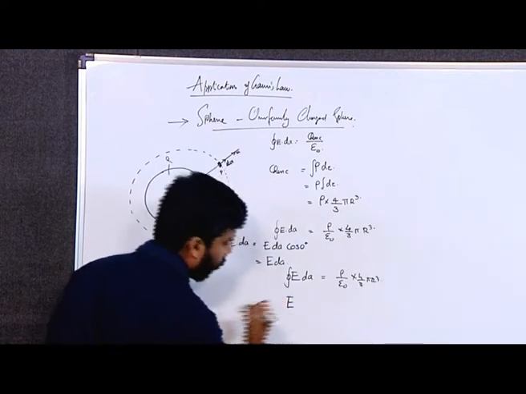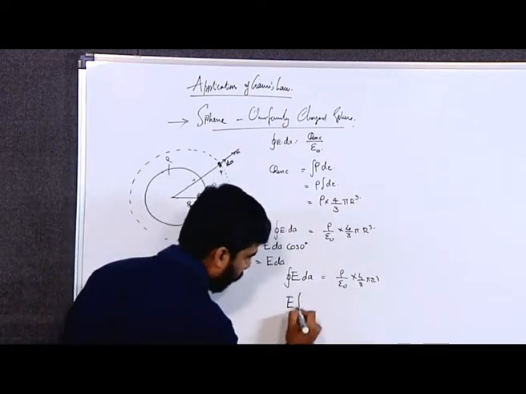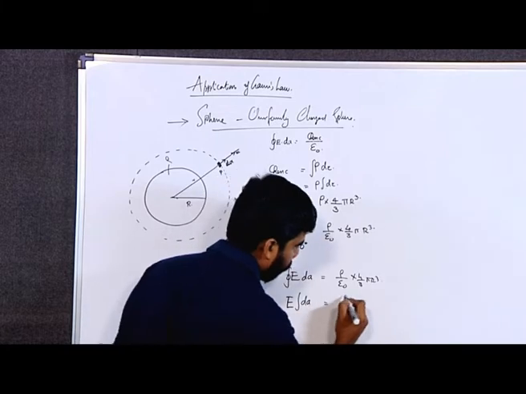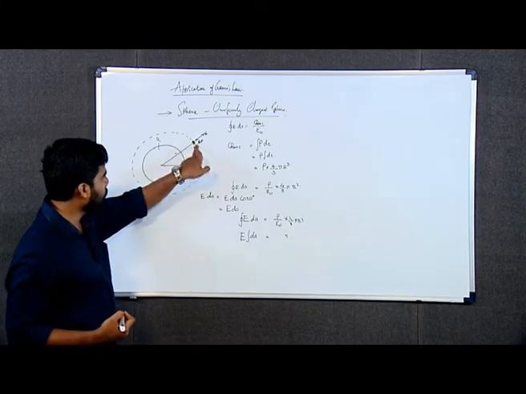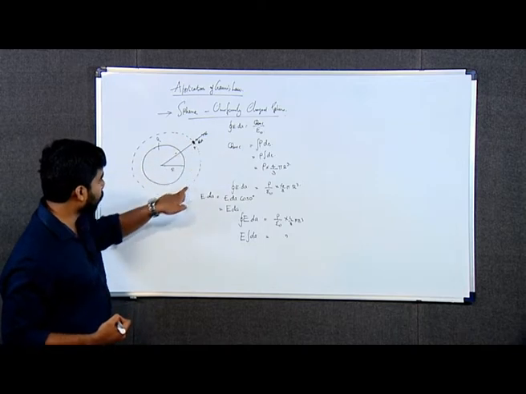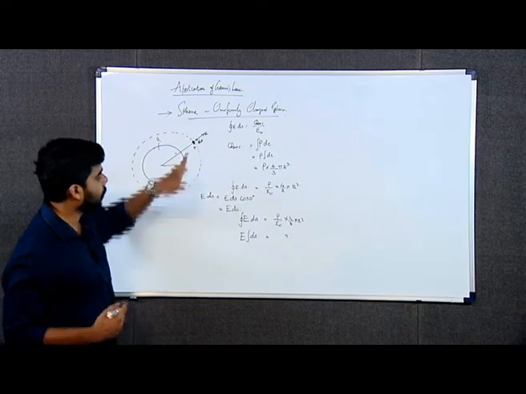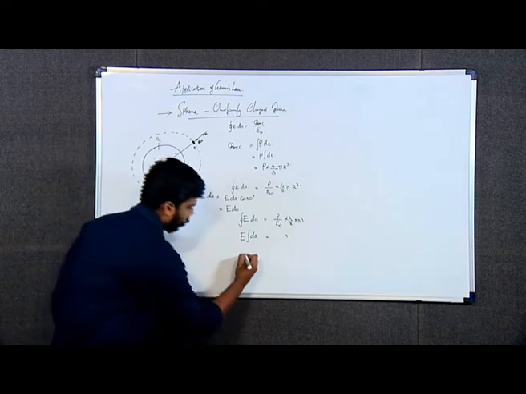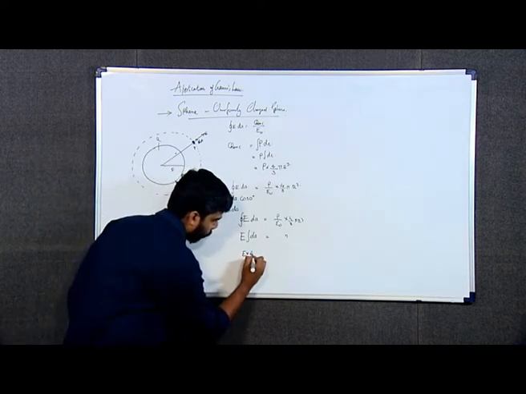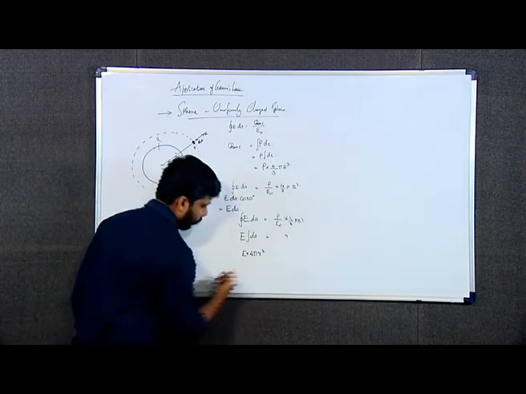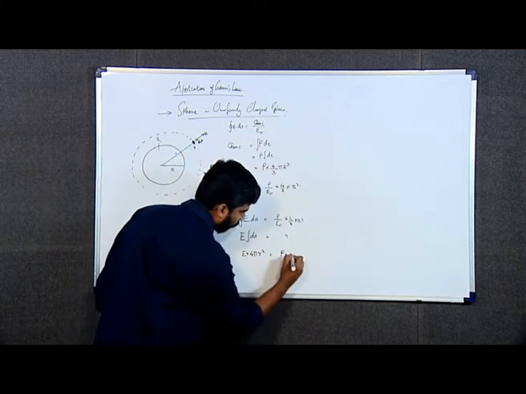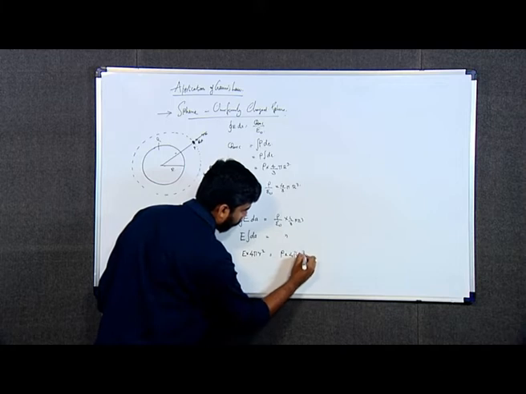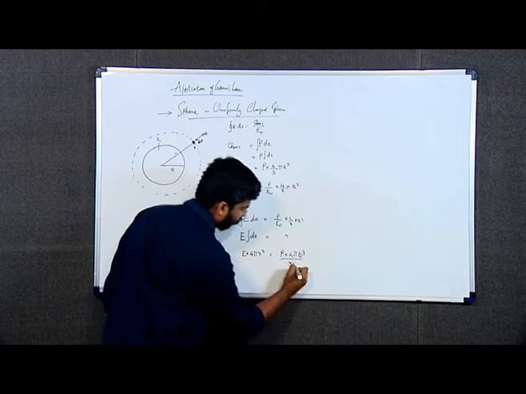We want to find E. E comes out of the integral of dA. The integral of dA over this Gaussian sphere of radius r is 4 pi r square, so E into 4 pi r square is equal to rho into 4 pi r cube by 3 epsilon 0.